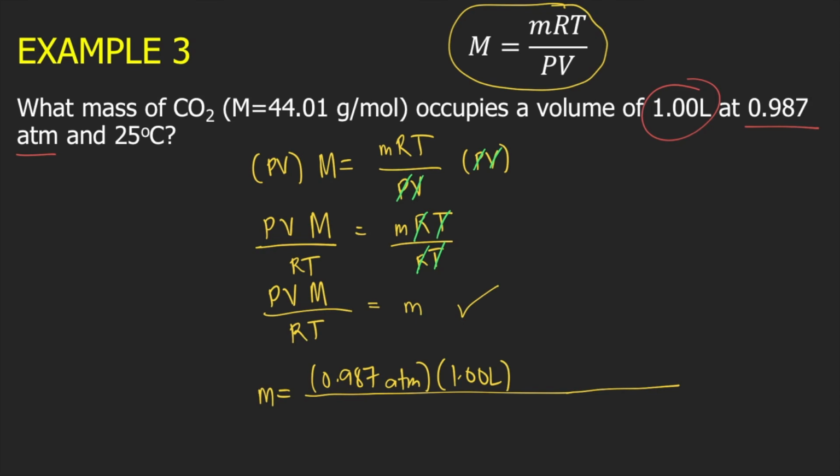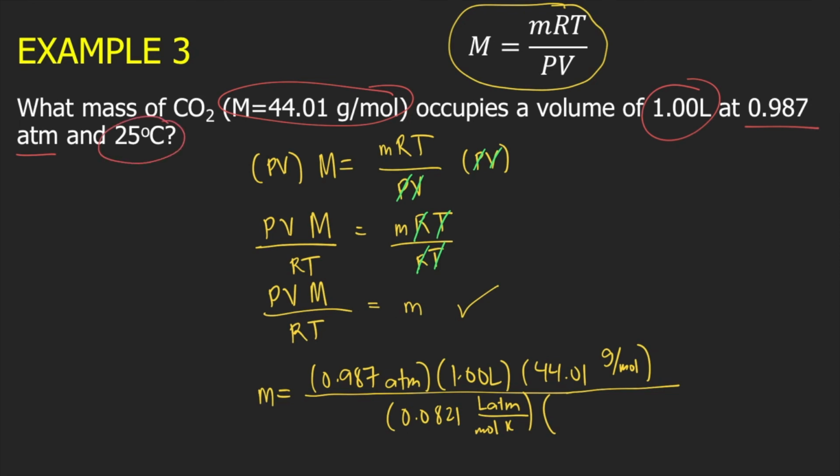M is the molar mass, which is 44.01 grams per mole, divided by R, which is 0.0821 liter atmosphere per mole Kelvin, times T, which is temperature. The given is 25 degrees Celsius, so we need to convert that into Kelvin. Again, you just add 273.15, and that's equal to 298.15, and the unit is Kelvin.